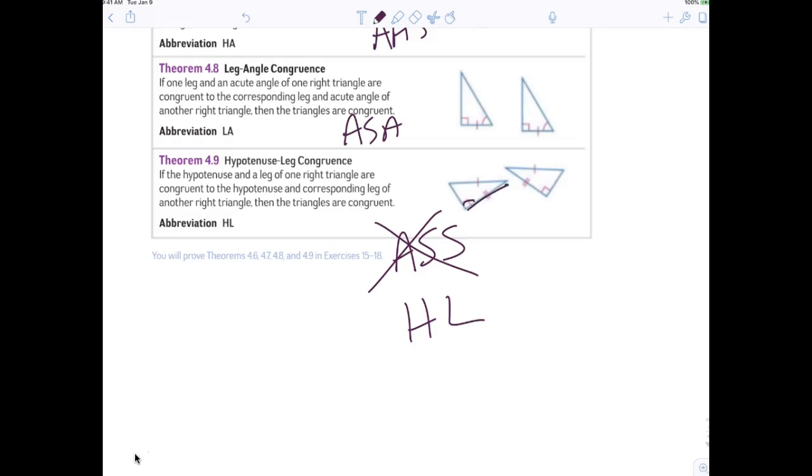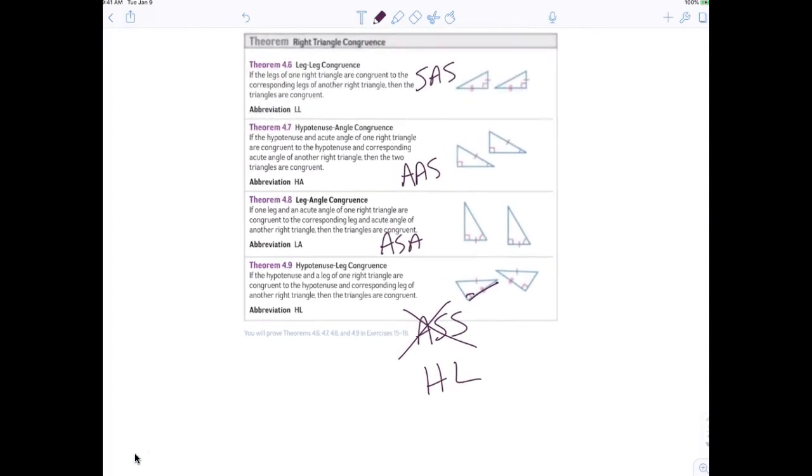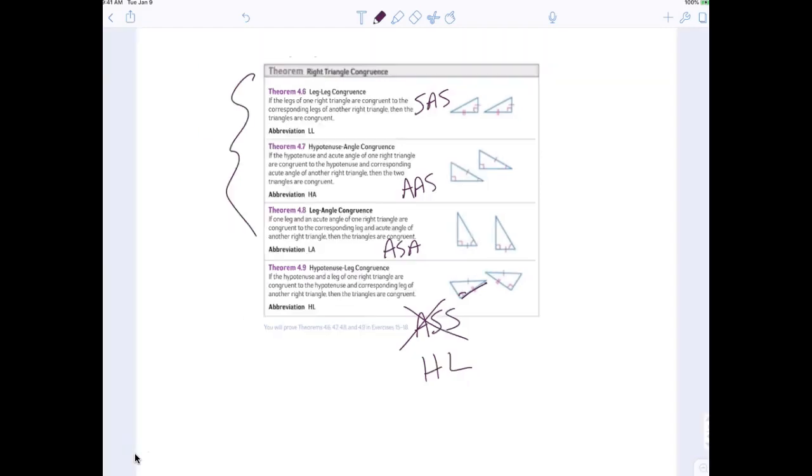Out of all of these, there is nothing new. It doesn't matter that it's a right triangle. It makes no difference. We're looking at it as if it was side, angle, angle, side, angle, or hypotenuse leg. Those are our options now.